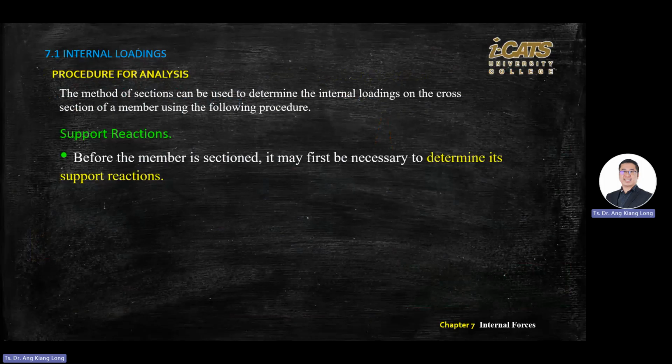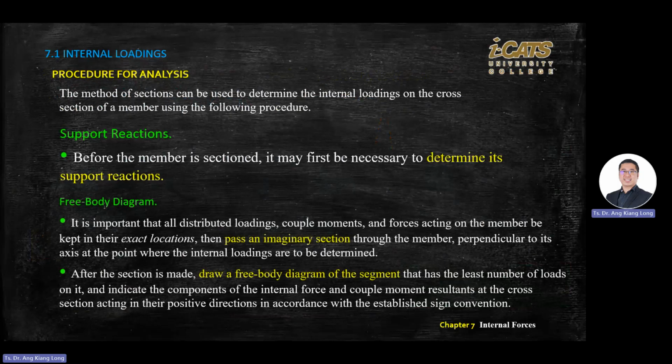Again, before you solve internal, always solve for the support reaction first. See what is attached to it. Is it a roller, built inside a wall, or is there a chain there? So determine the support reaction first, then only you draw the free body diagram.